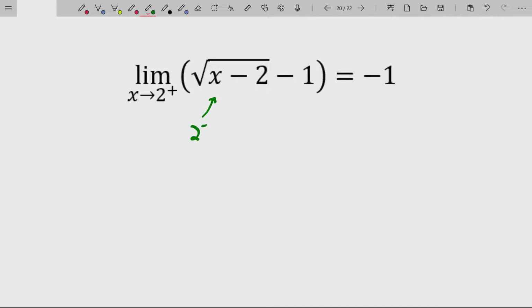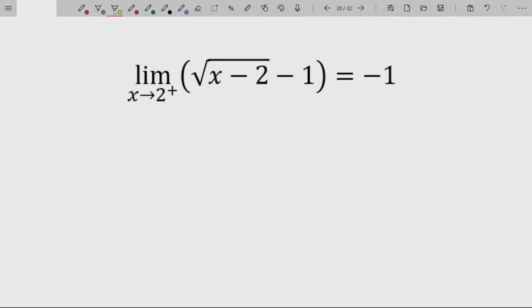Then you're essentially plugging in numbers like 1.99, something below 2. And when you do that, 1.99 minus that 2 right there becomes negative. And then we would have a negative underneath this radical, which is a problem. So it is a requirement that x is approaching 2 from the right to keep that radical as a real number.